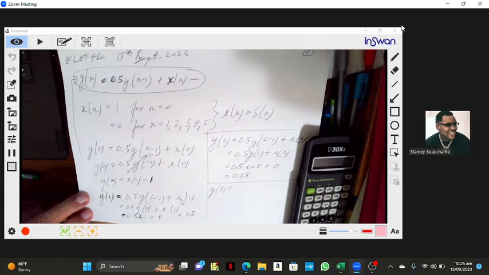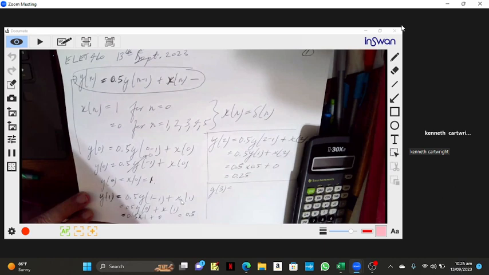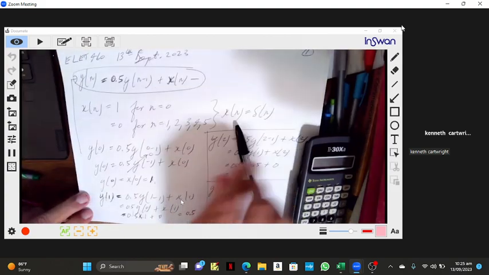Yes, go ahead. Say you asked us why of 4. We didn't do none of these steps yet. Is there a way to find y of 4? Not using this technique, but later on we won't be using this technique anymore. This is just a very brief introduction to show you that y of 4 depends on y of 3. That's what this equation is saying.